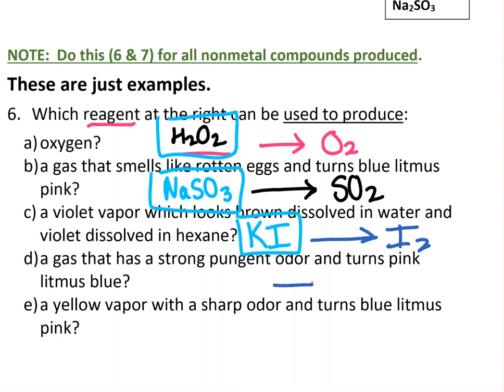Okay, what do I use to make a gas with a strong pungent odor that turns pink litmus blue? Well, pink litmus blue, that means it's basic. The only one I had that was basic was this one. And what did I use to make it? I used this ammonium chloride.